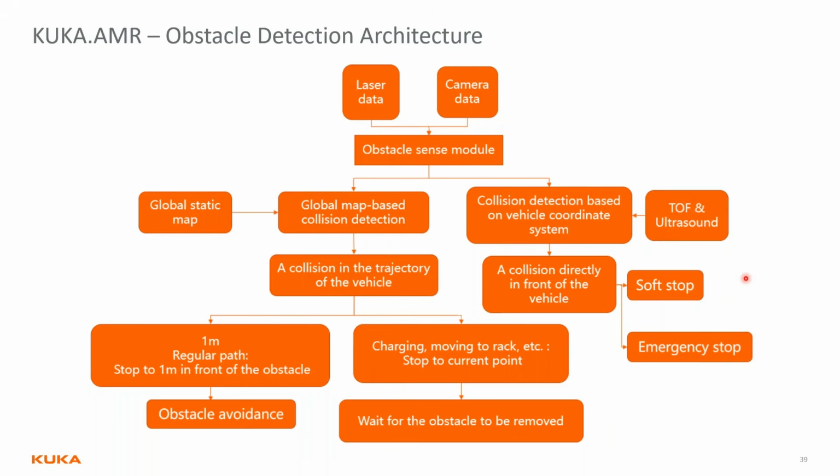Basically, based on this graph here, it decides what to do. Does it need to stop? Does it need to do obstacle avoidance maneuvers if these are enabled, and so on. I'm not going to go into every single block of these, but this is what the obstacle detection architecture looks like.